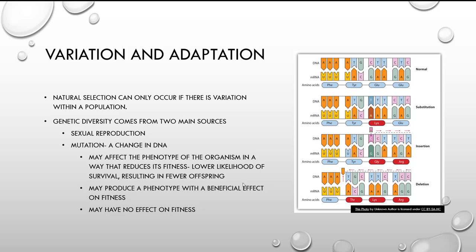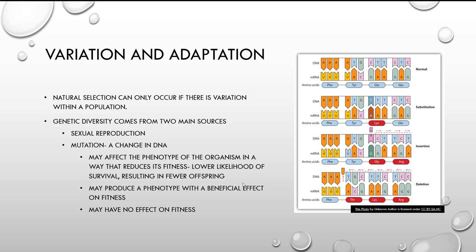So it has to be genetic. So natural selection can only occur if there's variation within the population. So we saw within the last example that there's variation in the bill depth or the bill size of that particular bird species. And then where does that genetic diversity come from?